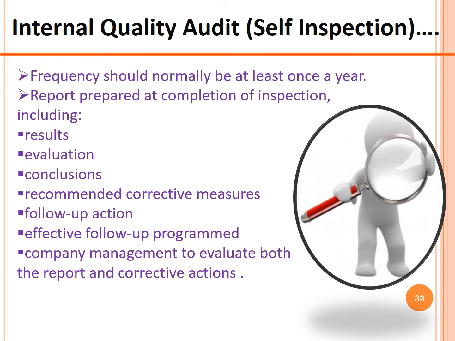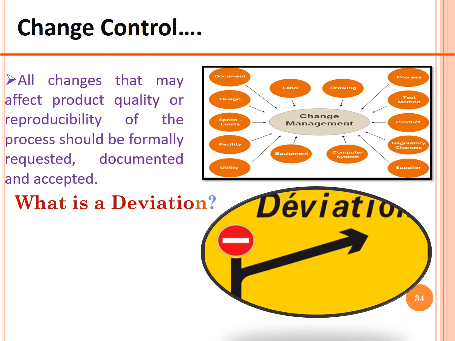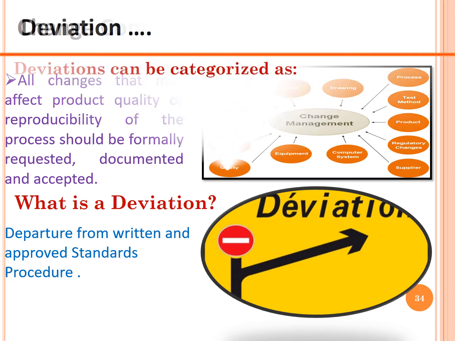Company management is to evaluate both the report and corrective actions. Change control. All changes that may affect product quality or reproducibility of the process should be formally requested, documented and accepted. What is a deviation? Departure from written and approved standard procedure.